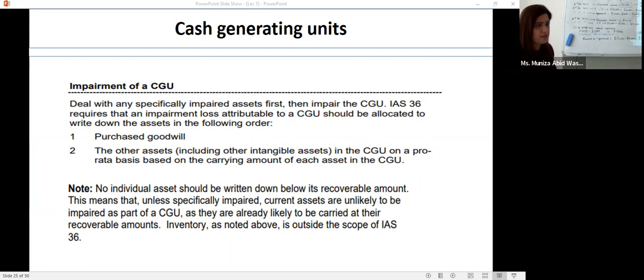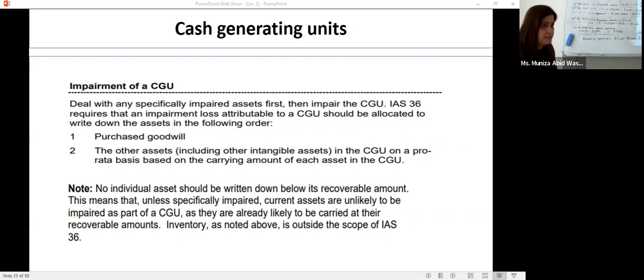Students, in the first case, for the asset which is impaired as a whole, the impairment is going to be set against that. If, for example, in the cash generating unit there is one particular asset which has been impaired completely, first we are going to set the impairment against that.